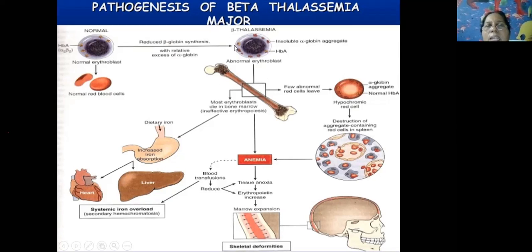It is ineffective erythropoiesis. Though these RBCs are produced, they are not good. They die in the marrow, and some of the cells leave the marrow and go to the peripheral blood. They are all microcytic hypochromic, containing this alpha globin aggregate.